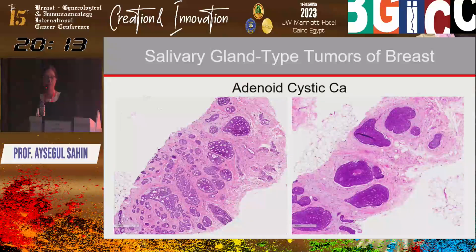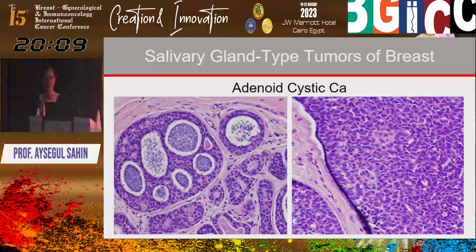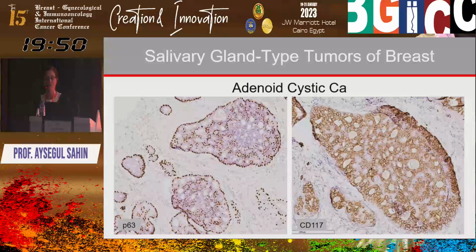It can have solid, cribriform and cystic areas. Morphologically, when we see these tumors, one, we need to make sure that this is not a metastatic carcinoma. Number two, the grading in these tumors in the breast doesn't seem to have any significant prognostic implication.